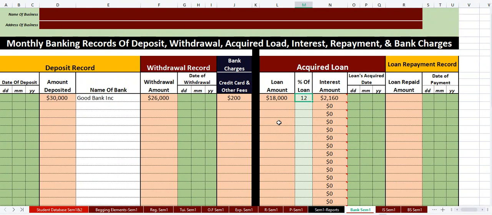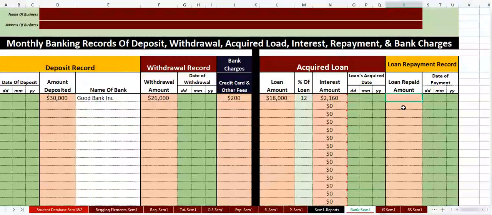So that becomes an expense, and that is what is going to appear on your income statement. It's also going to appear in your expense area. But the repayment of the loan that you took will be reflected on the balance sheet, and it will be reduced as you do repayment. Great. So I hope that is clear.